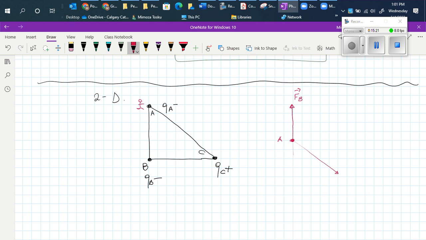So this force, FC, which for simplicity I'm just calling FC to indicate that it is the force experienced as a result of charge C, and the line AC and the line that represents force FC are parallel to each other. So this is parallel to this one.